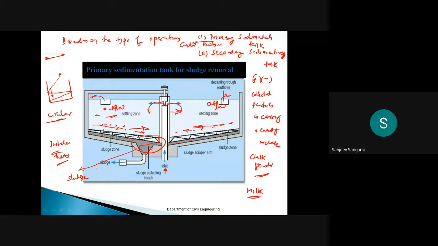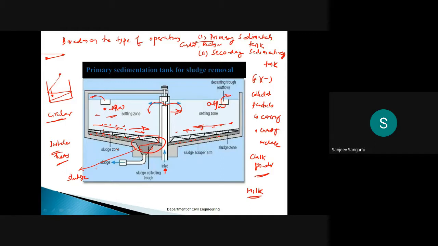This is a little bit dark. It is nothing but the solids that have settled. The thickening has happened. Type 4 settling has happened, which we call compression settling.